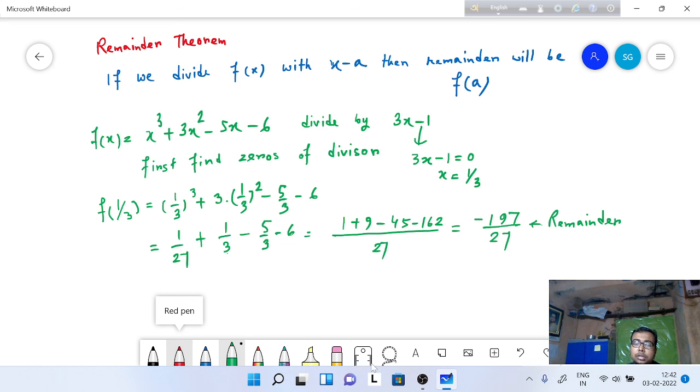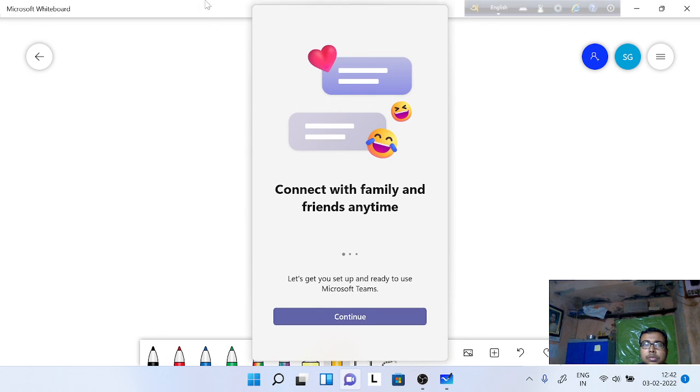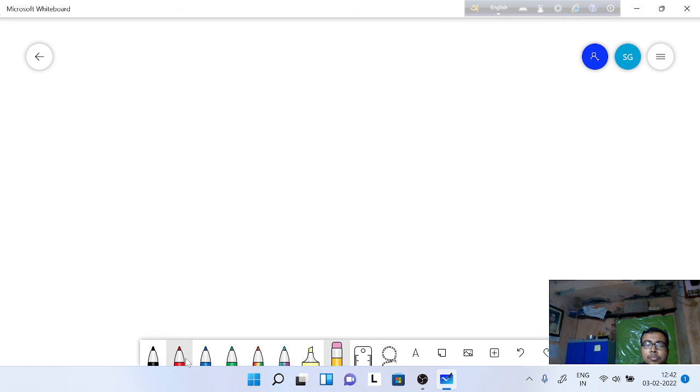Now the next concept, that is the factor theorem. It is similar to the remainder theorem.